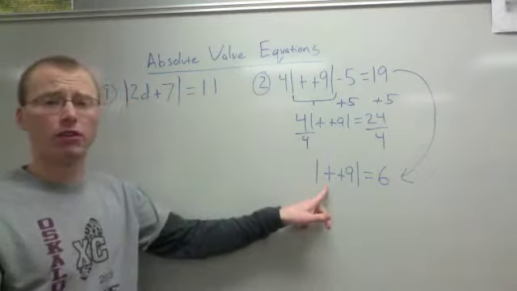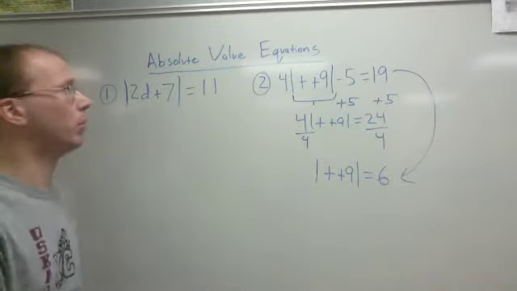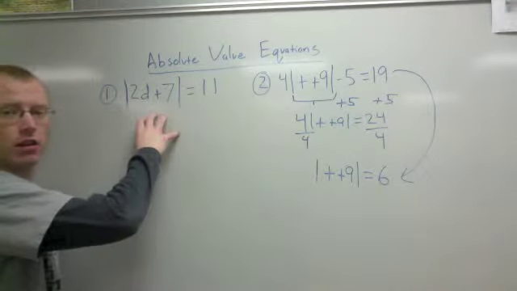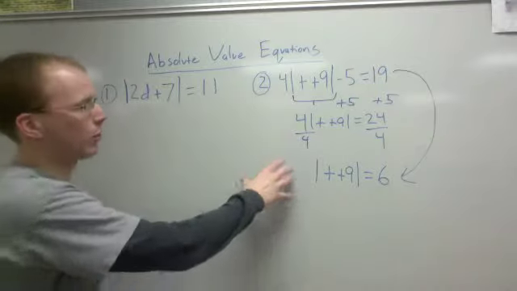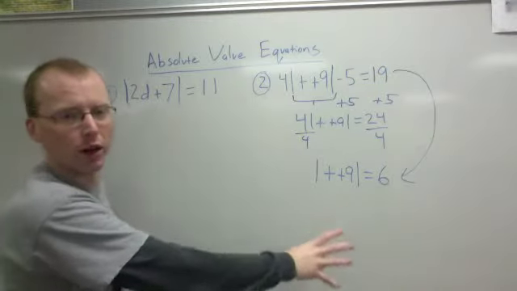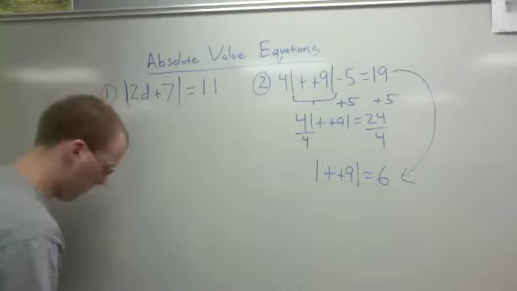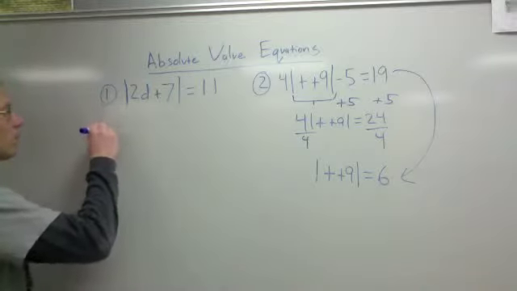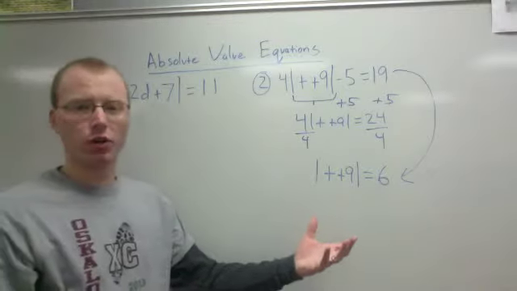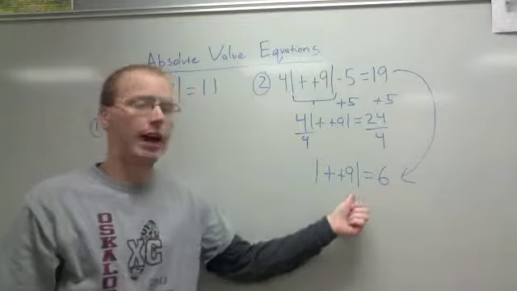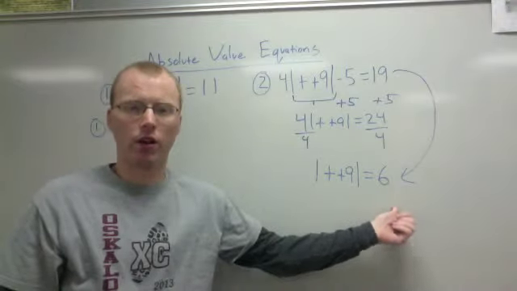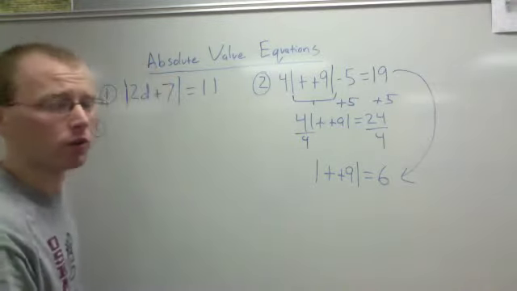Now I can write my 2 equations. I'm going to do that just like we did in our first equation. I'm actually going to write all my work over here since I'm running out of room over here. So the first equation you write is just going to be an exact copy of this equation, just without the absolute value bars.